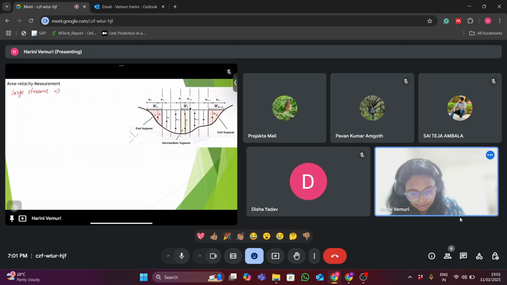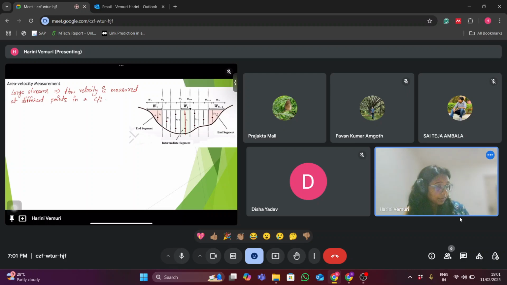In large streams, flow velocity is measured at different points in a cross section, and using those measurements we will calculate the average velocity of the cross section. Okay.